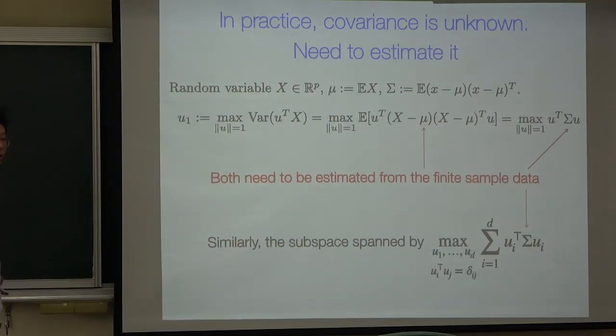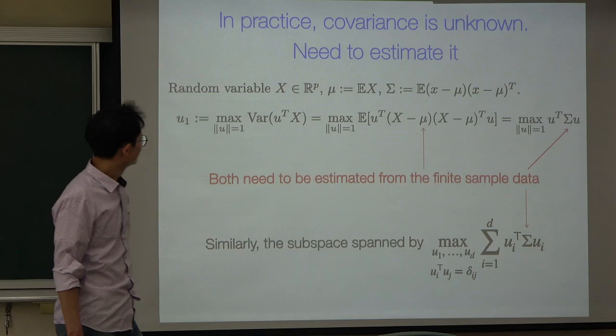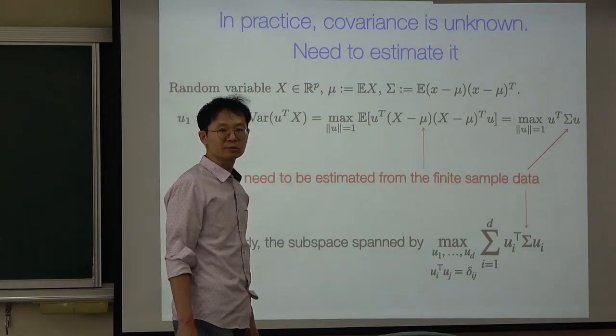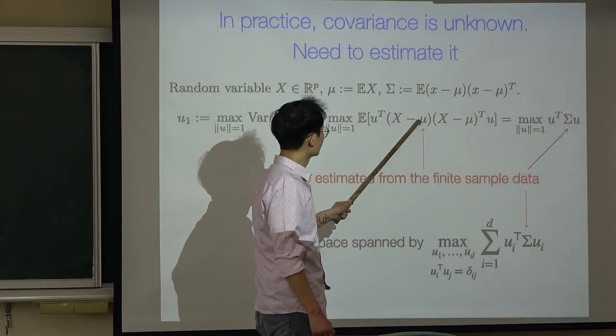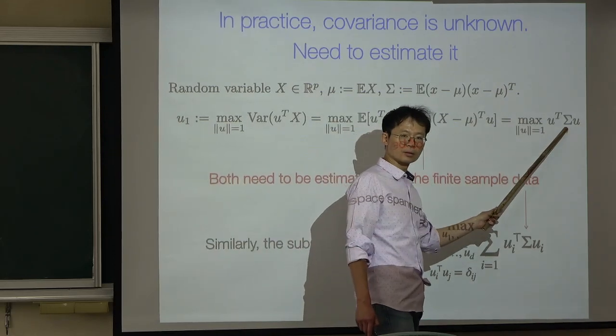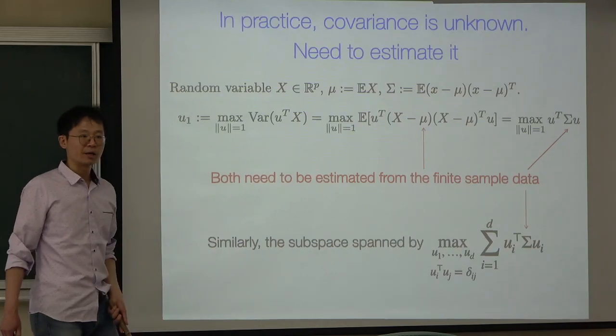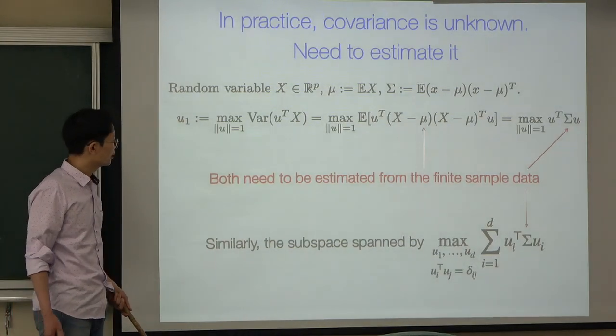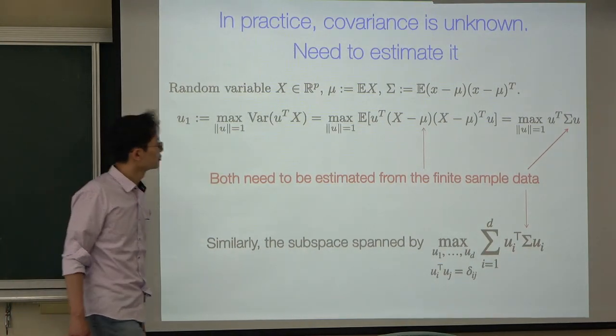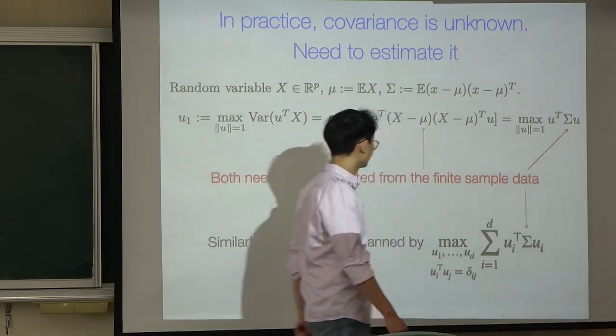But in practice, what do you really know? You don't know mu. You don't know sigma. You can estimate mu by the sample mean, which converges very fast, so we don't worry too much about it. But what about sigma?